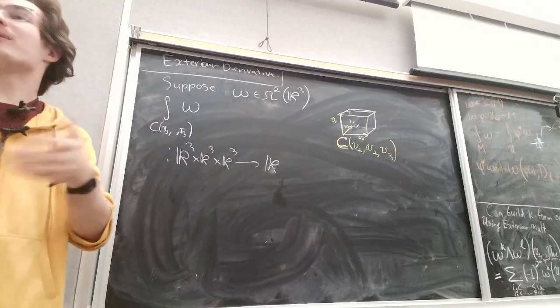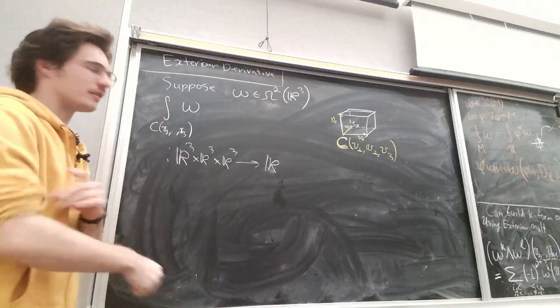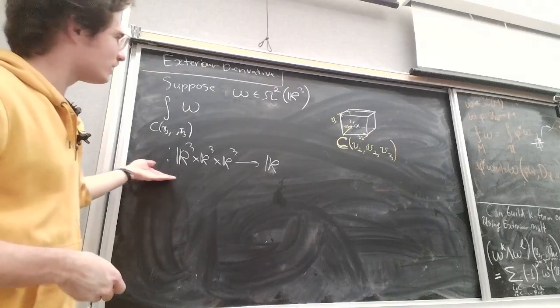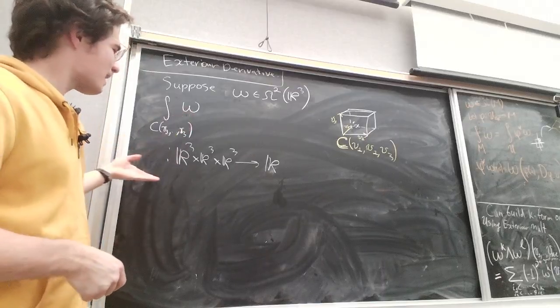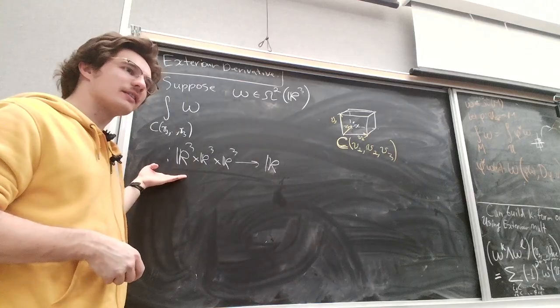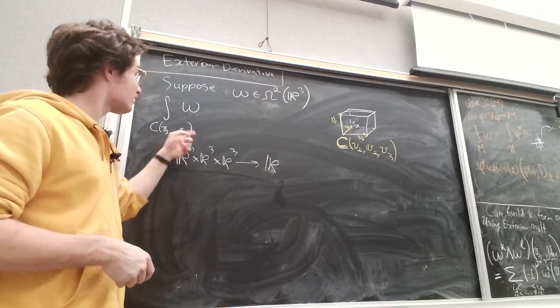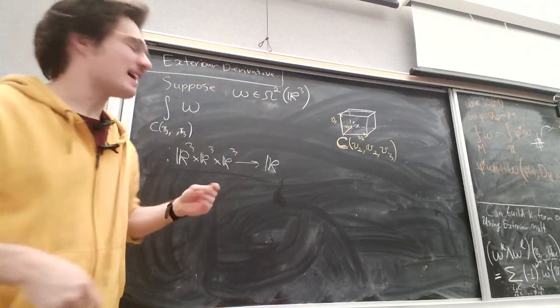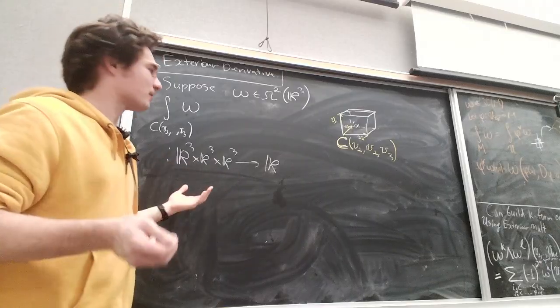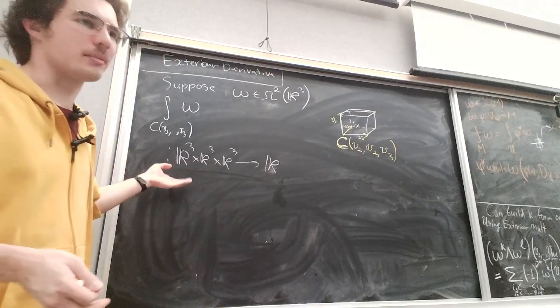Pardon? Yeah, so we're arriving at Green's theorem, roughly. So this reminds you of what? So omega was a 2 form, but this is kind of maybe like a... So this is a 2 form, and this is kind of like a 3 form. But clearly it's not quite a 3 form, right?